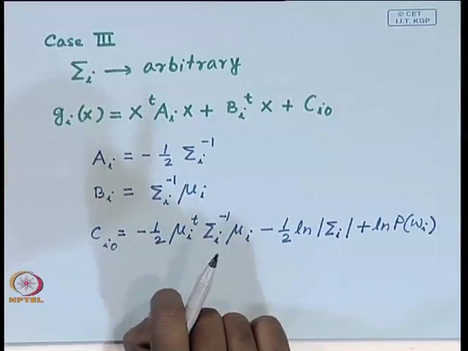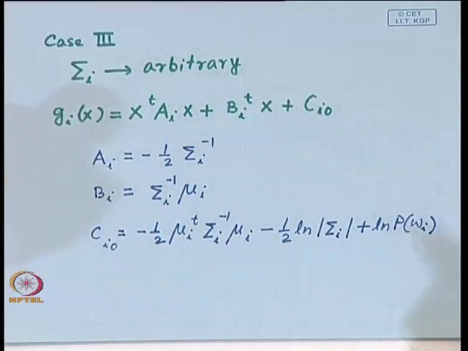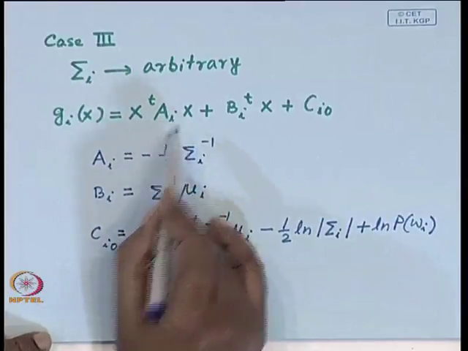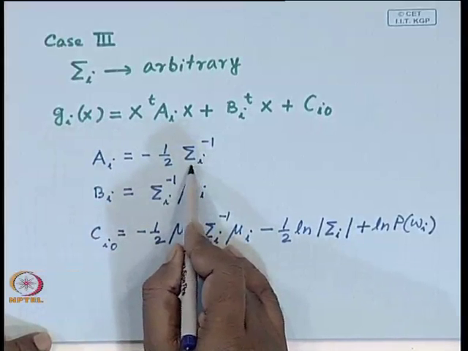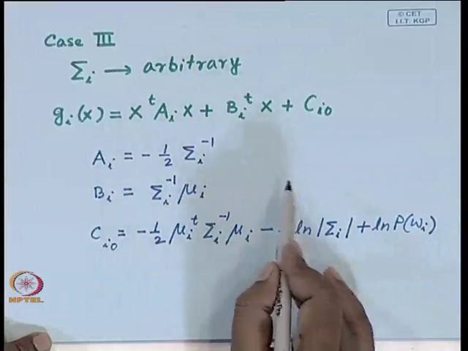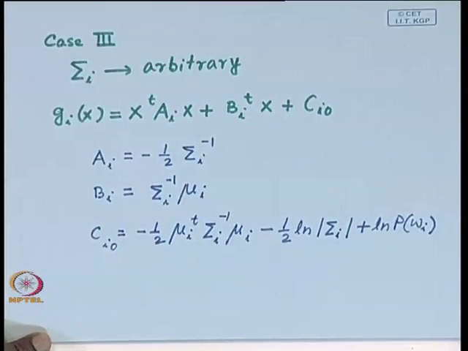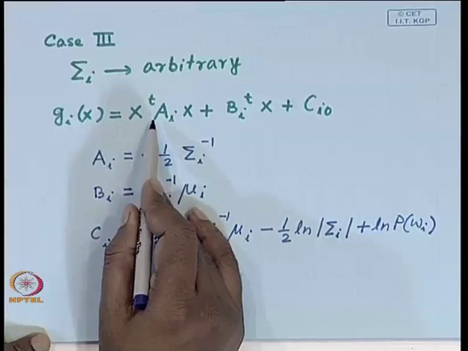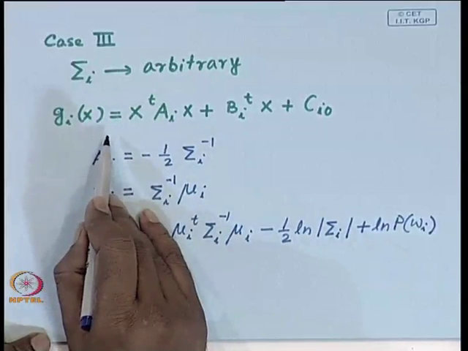So, you find that in the earlier cases we could remove the quadratic term, that is the term involving x transpose x, because x transpose x does not give you any discriminating power. But over here this is x transpose A I x, where A I depends upon the value of sigma I, that is the covariance matrix, and different classes have different covariance matrices. So, this term x transpose A I x now becomes class dependent.